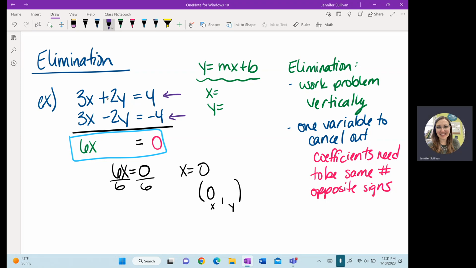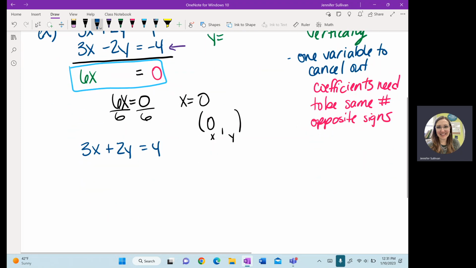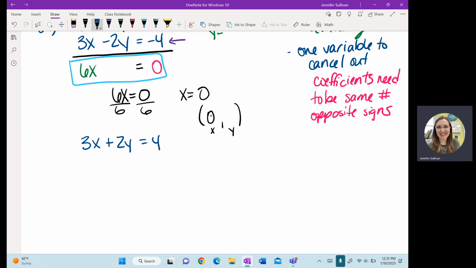So just for ease, I'm going to go ahead and pick the top equation. So my original equation was 3x plus 2y equals 4. And I'm going to take this 0 that I found as part of my solution, and I'm going to plug it in for the x in this equation. So it's going to go here. And we're going to say 3 times the 0.